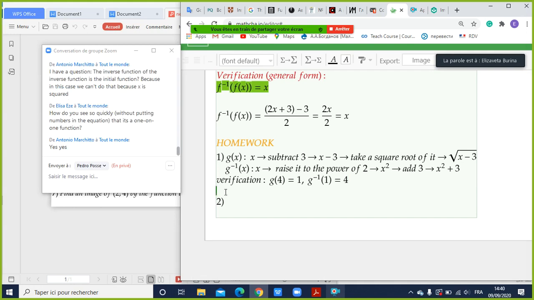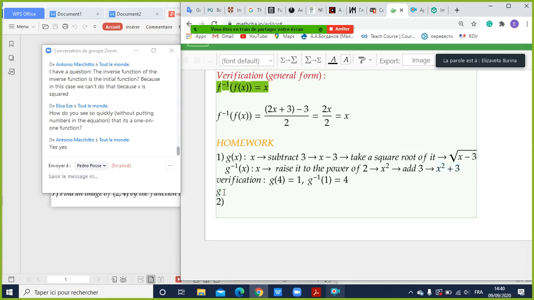Okay, let's see. So what we're supposed to do is take something squared and add 3 to it. Wait a second. This is the inverse.